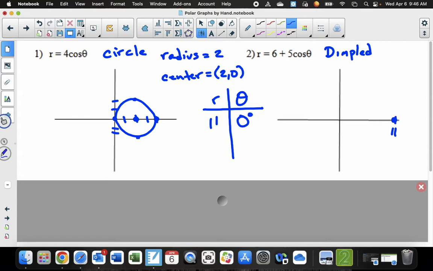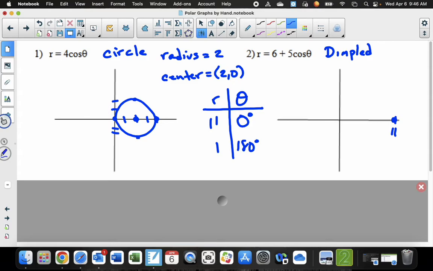Now, staying on the x-axis, let's go to 180 degrees. When you plug 180 degrees in, what's the cosine of 180? Negative 1. Times the 5 is negative 5. Plus the 6 gives you 1. Now, quick heads up. And I actually made this mistake in the other class, and then I fixed it at the end.